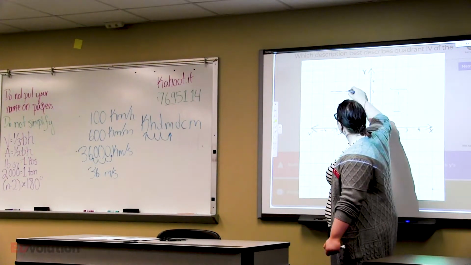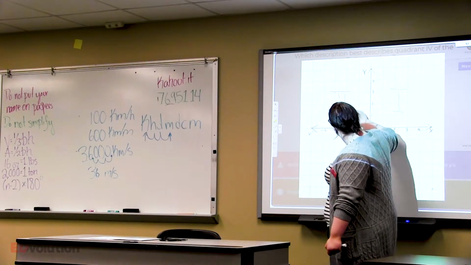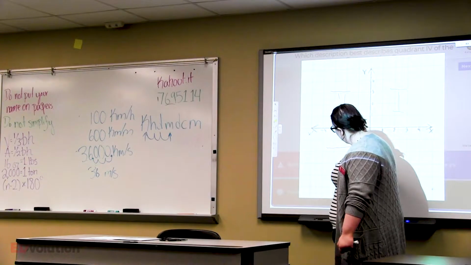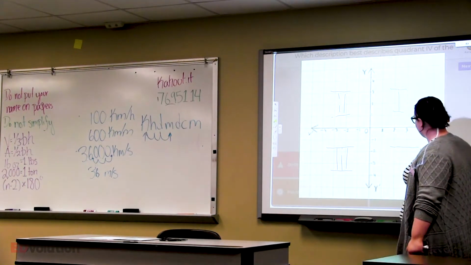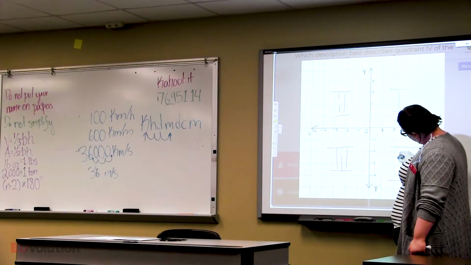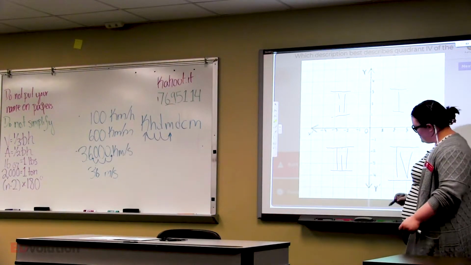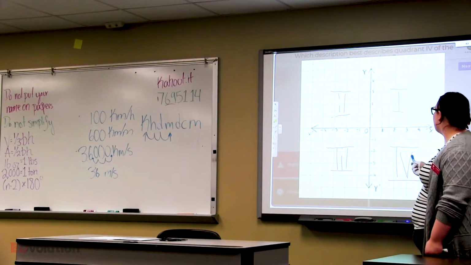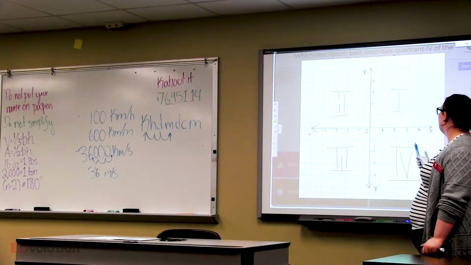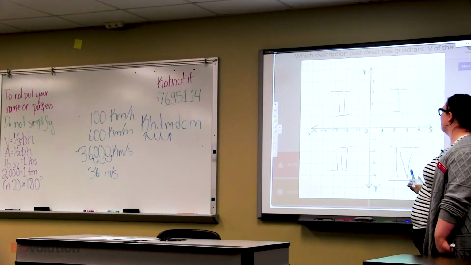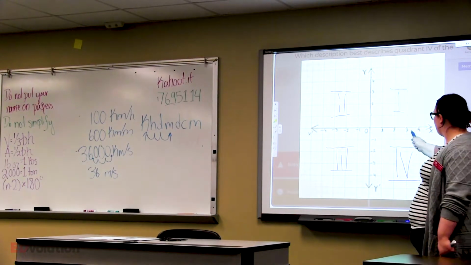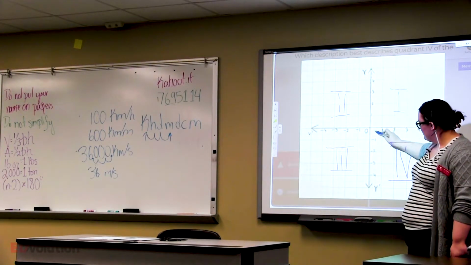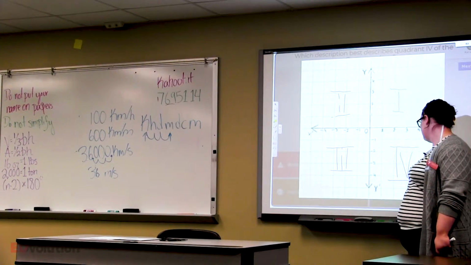So then this would be 2, this would be 3, and then this would be 4. So then after we see that, we look at what our X's and Y's are doing. So we know that in this quadrant 4, these are all going to be positive X's and negative Y's.